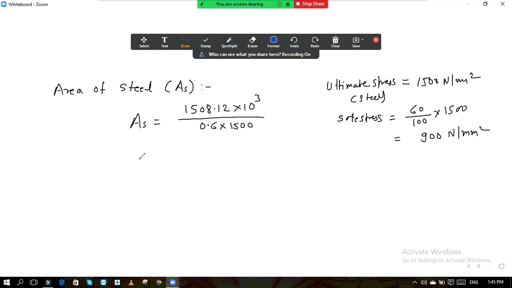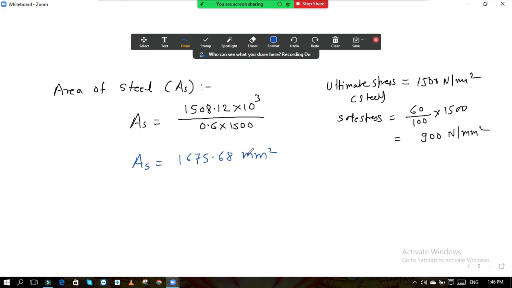So now after solving this, we will get the area of steel. AS is equal to 1675.68 mm square. This is the area of steel required.